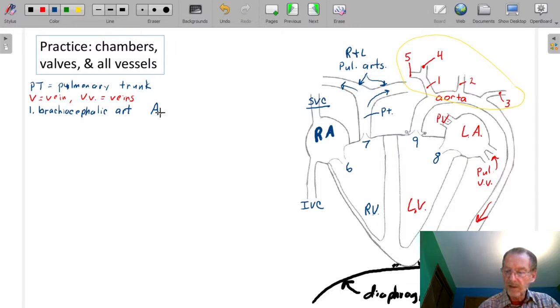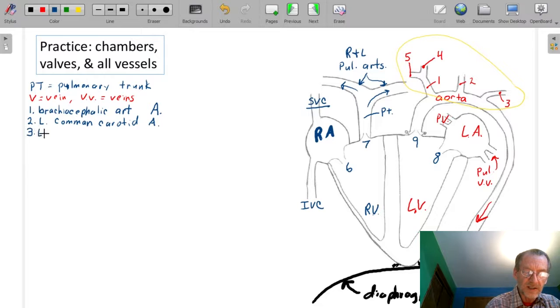So number 1 is the brachiocephalic artery, and then number 2 is the left, I'm abbreviating left, common carotid artery. And I'm just going to use A for arteries throughout. And then 3, the last one off of the arch, is the left subclavian artery.